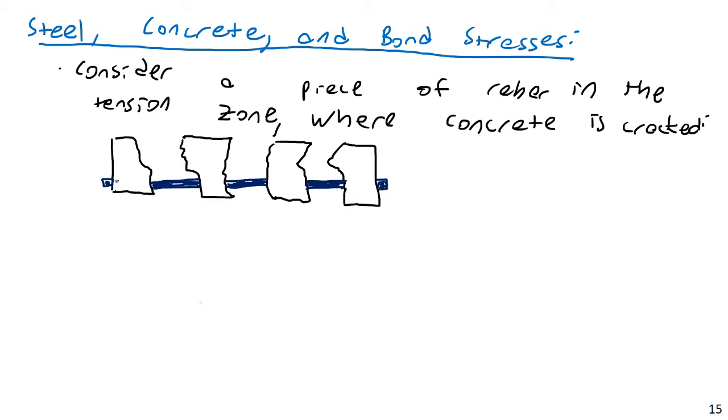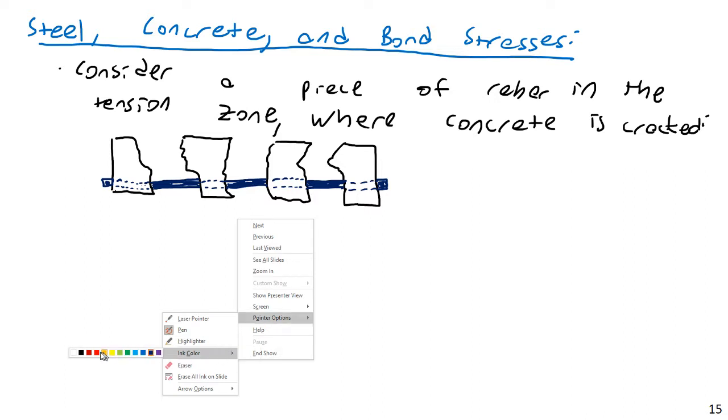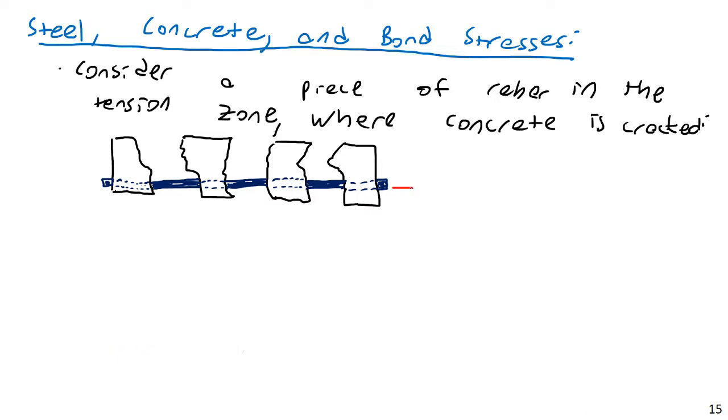Let me show that this is continuing through. It doesn't stop, it just is not visible when it's embedded within the concrete. And then I have the actual tension load in the steel, and for consistency, I'll say this is T and T, the tension.